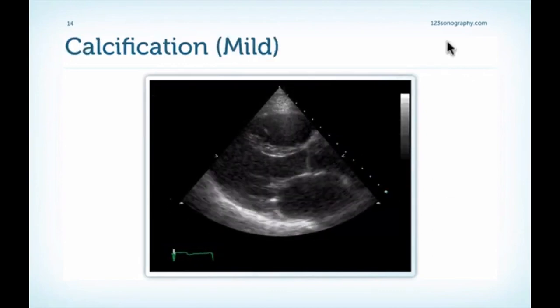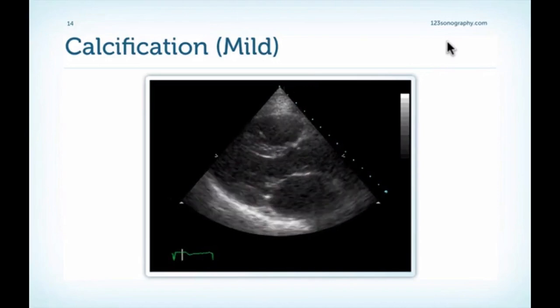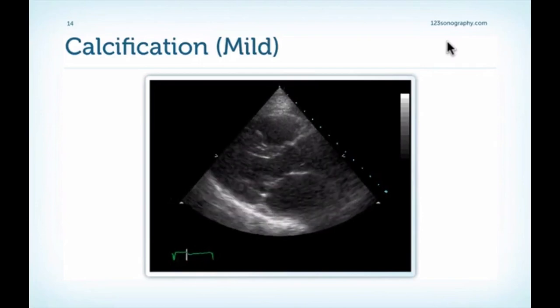Finally, let's take a look at the degree of calcification. Again, you should be using multiple views and looking at all different aspects of the mitral valve, in particular also the short axis view, because there you can see the commissural region and determine if calcification is also present there.